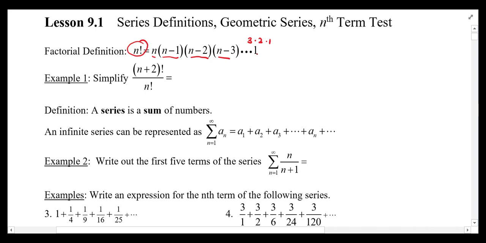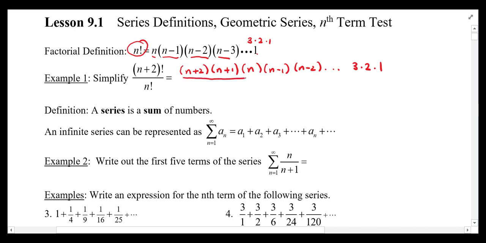So if I ask you to simplify this expression, n plus 2 factorial over n factorial, hopefully you can see that n plus 2 factorial just means I start with the factor n plus 2, and I multiply by each of the numbers before it: n plus 1, and then n, and after that n minus 1, n minus 2, all the way to the last numbers, 3, 2, and 1.